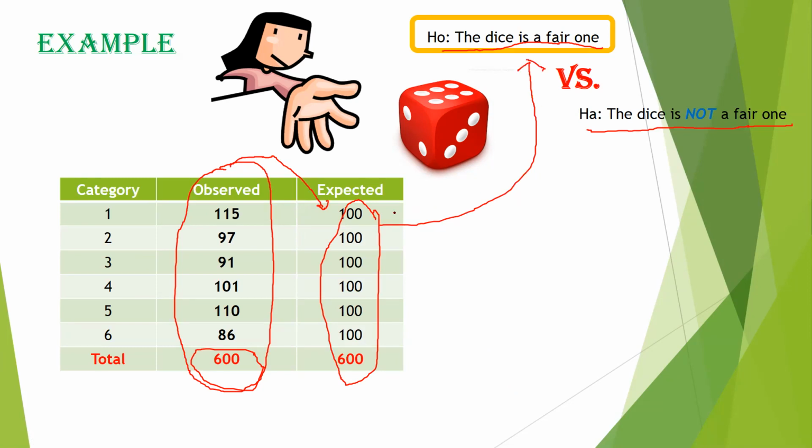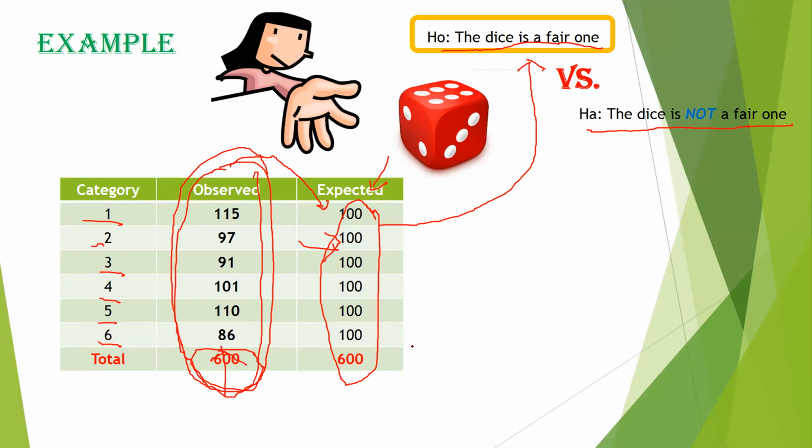So what would be the expected number for each of these outcomes? Ideally, in an ideal situation, if this dice is a fair one, you're going to expect to see 100 times showing up for each of the numbers. But in reality, it is very unlikely to get exactly this number because of random error.